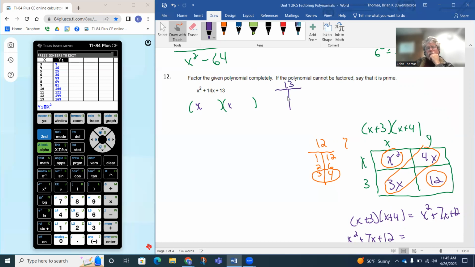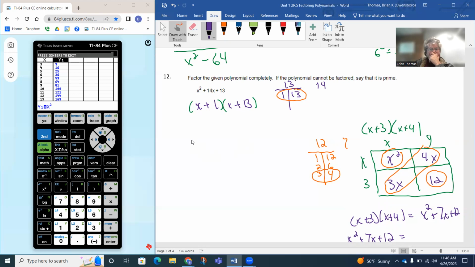Well, there's only one pair of factors for 13, 1 times 13. But the question is, does 1 plus 13 actually give me 14? Well, yeah, it does. 1 plus 13 is 14. So what this tells me is this is factorable. And what I do is I put the factors of the 13 in the last positions. So the plus 1 and the plus 13 go here, and that would be the factorization of this.